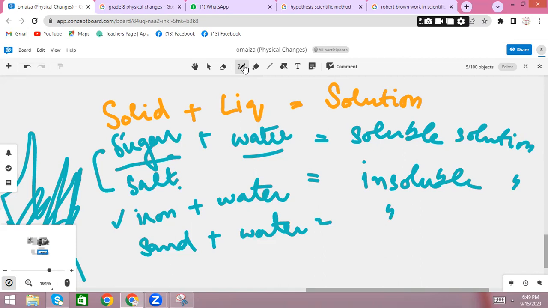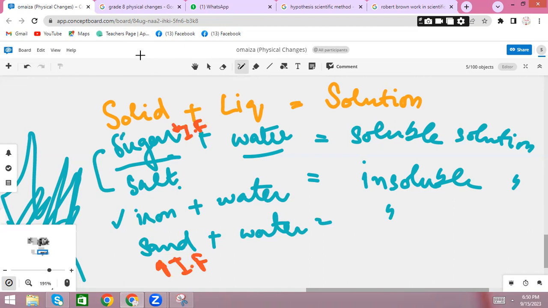If it has less attraction, then it is soluble. Otherwise, it is insoluble. Like this sand has more intermolecular forces of attraction than that of water. That's why it is insoluble. But this sugar has less intermolecular forces of attraction among its particles than that of water. That's why it is soluble.